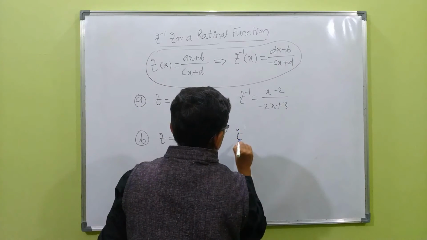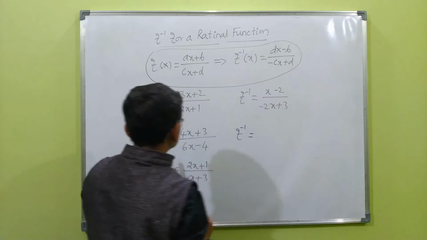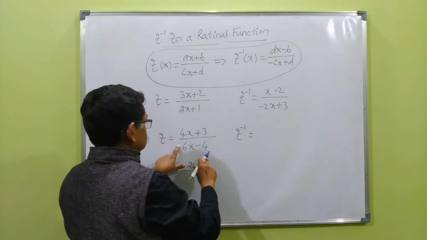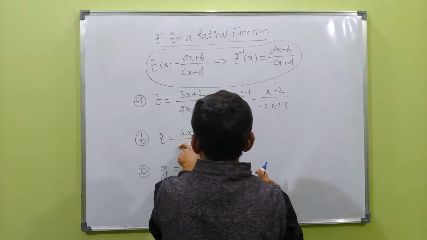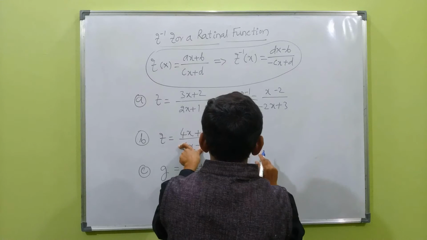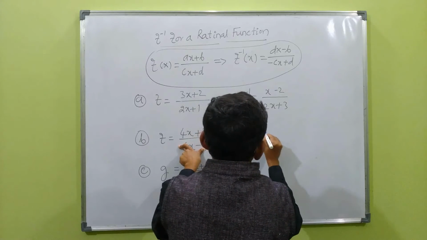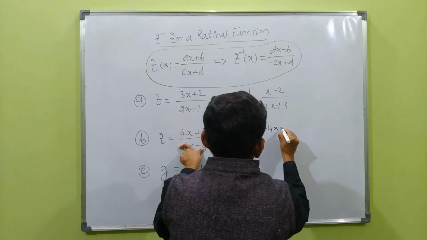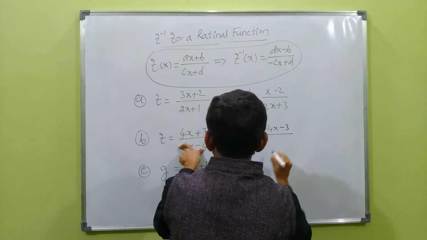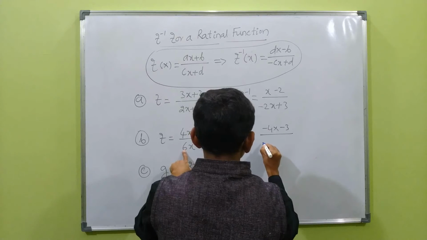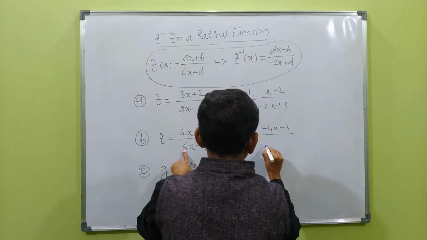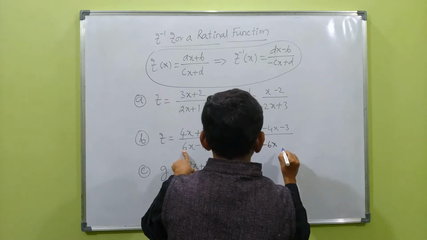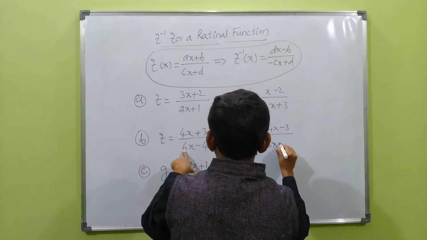Similarly, for this, f inverse is equal to plus 4, 4 remains as it is. So minus 4x minus 3 divided by, this will be minus 6x and plus 4.